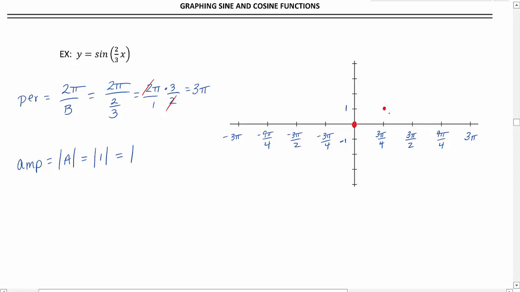And now we are at our max height of 1, so we have to go down. And we continue to go down until we reach our minimum value of -1, and then we come back up. And then we'll repeat this pattern going the opposite direction as well.